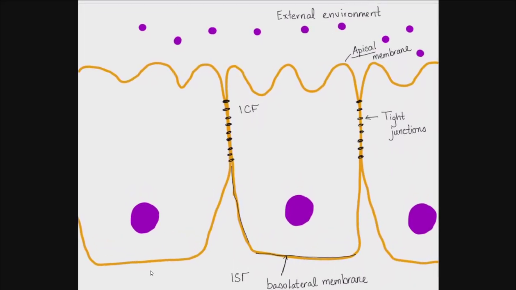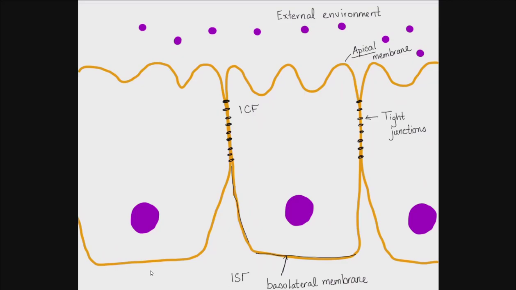That is to say that the cell does not want to pay for transport that it can get for free. And so if you are moving from an area of a higher concentration to a lower concentration, that should be free transport. That should be passive. But if you are moving from a lower concentrated area to a higher concentrated area, that's going to be active transport.